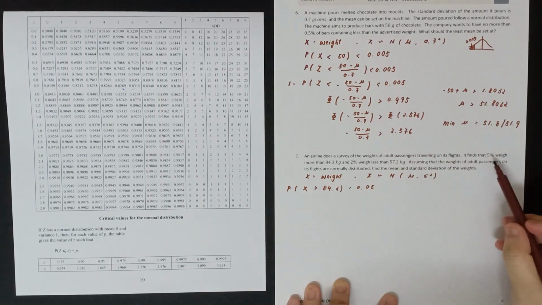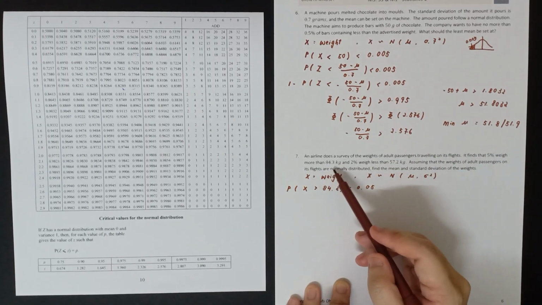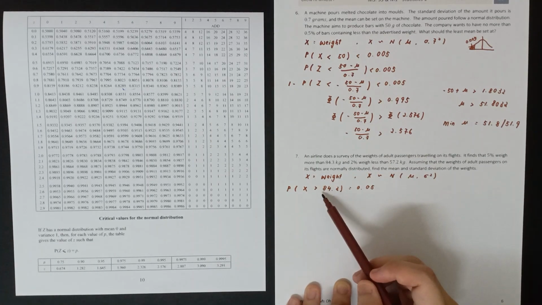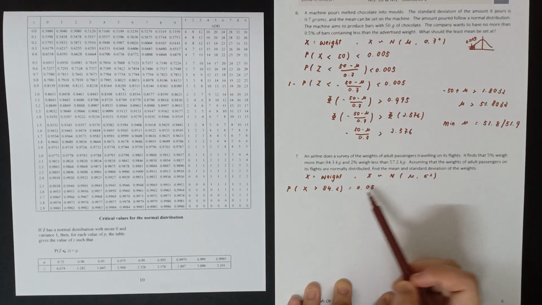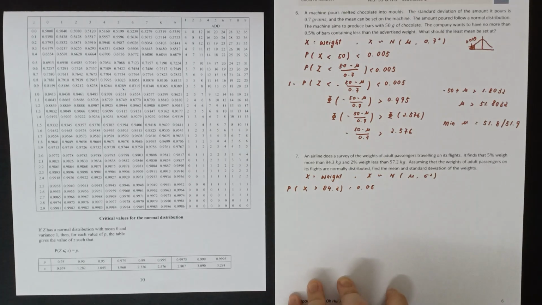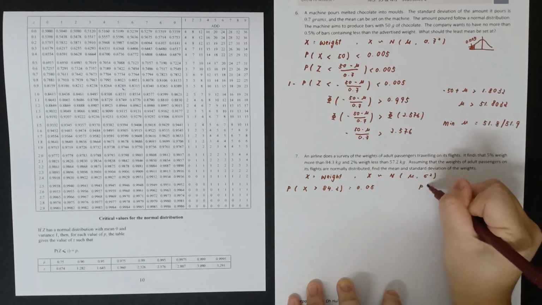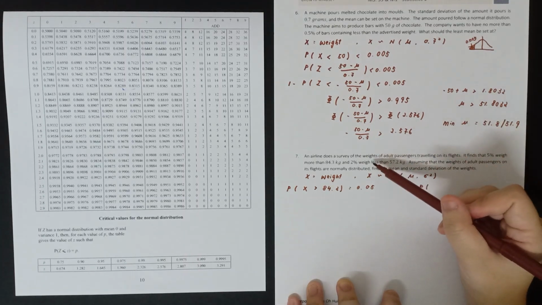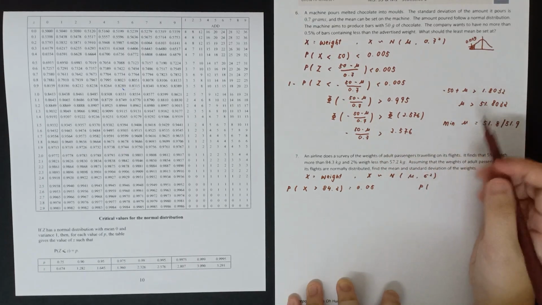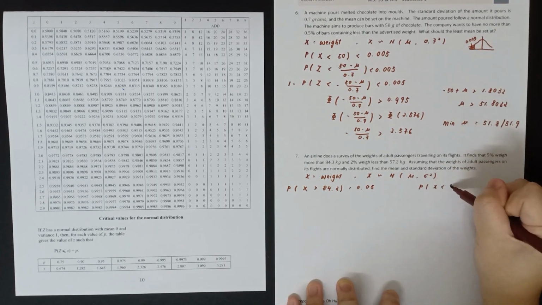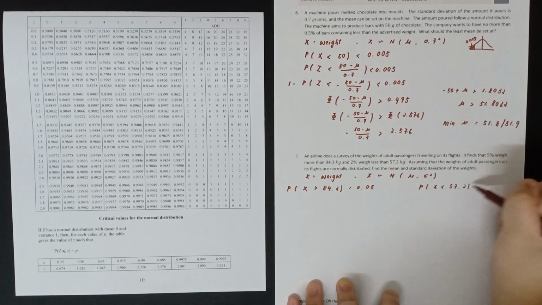Then the second piece of information: 2% of passengers weigh less than 57.2, so the probability of getting a weight less than 57.2 is equal to 0.02.